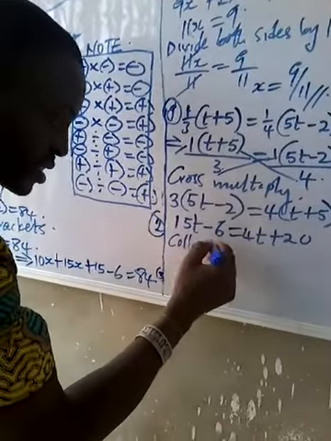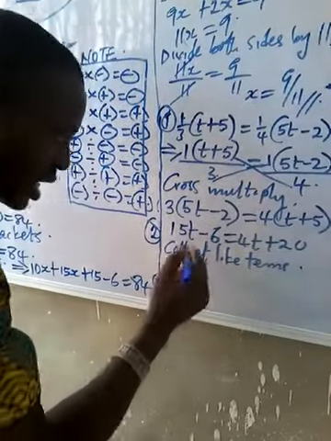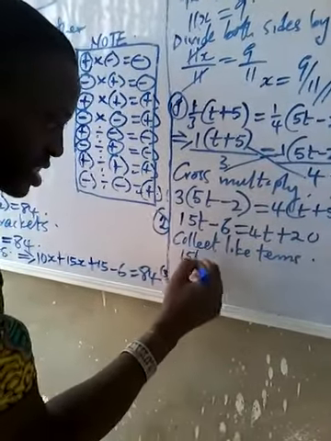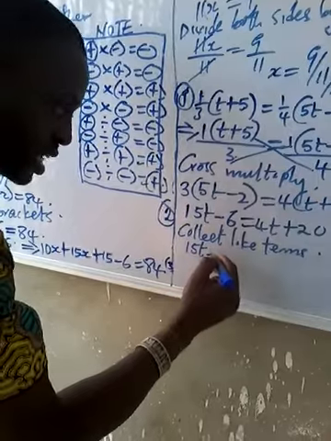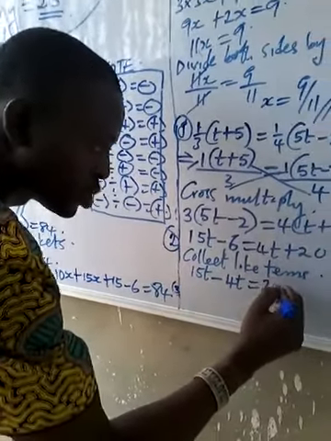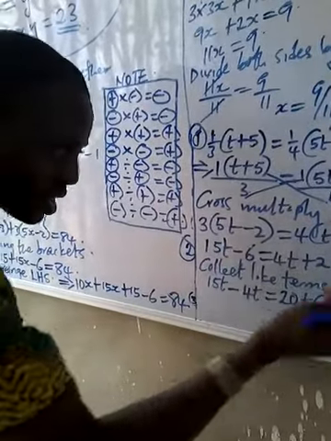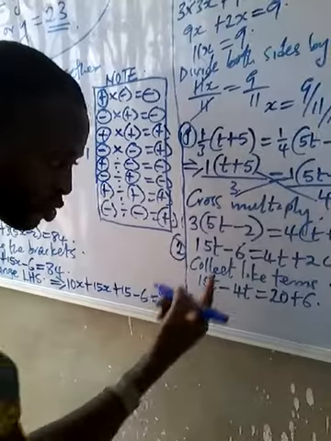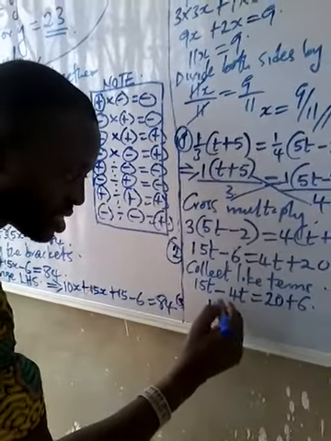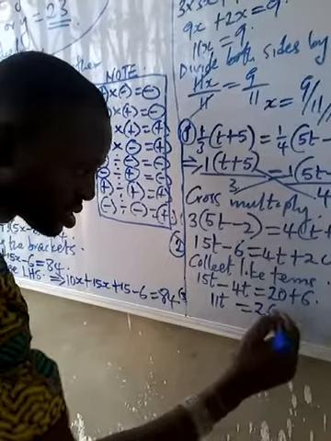Collect like terms. In that case you have 15t, bring the 4t to this side, minus 4t, is equal to 20 plus 6, because the 6 will move to that side, so the minus becomes plus. Then you have 11t is equal to 26.